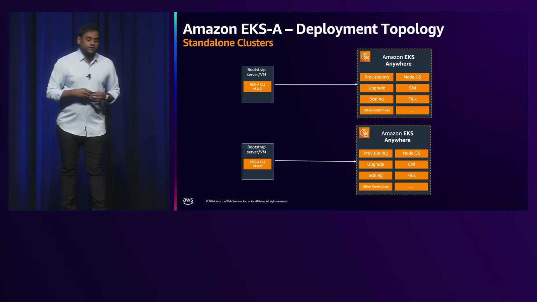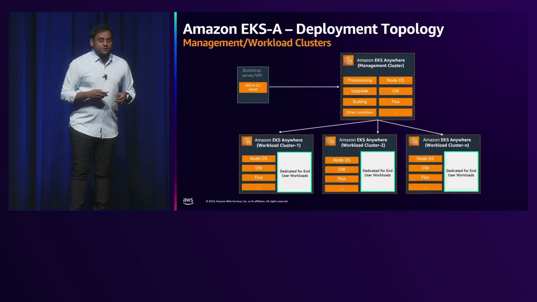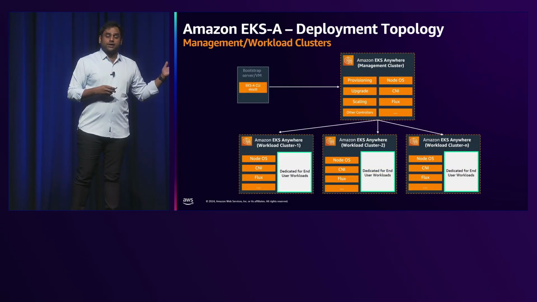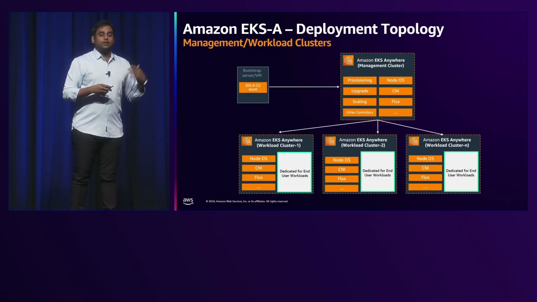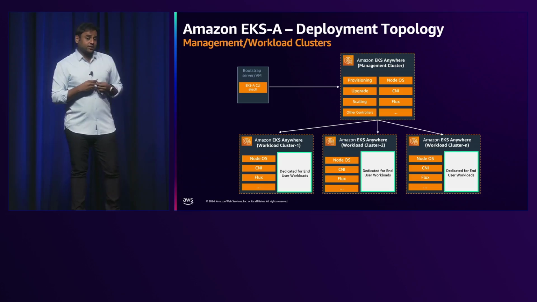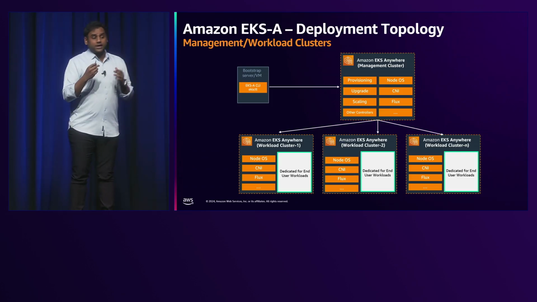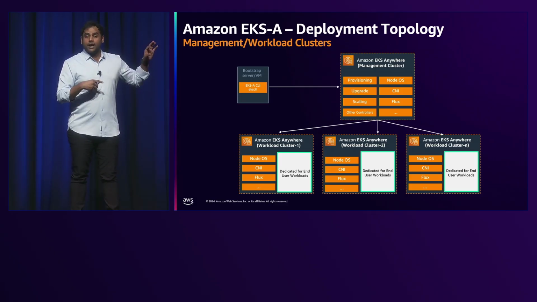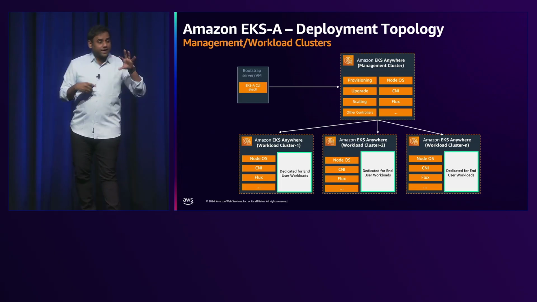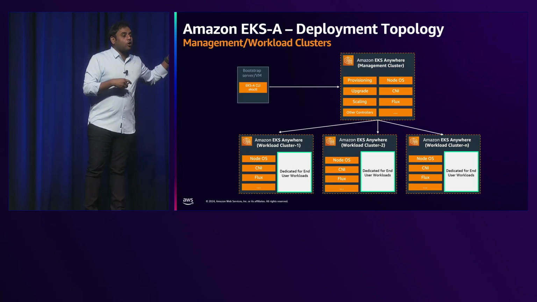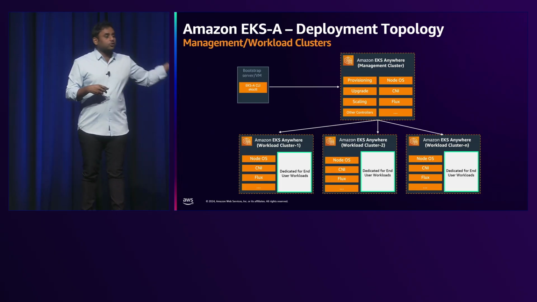The second approach is the management cluster and workload cluster approach, right? What it does is you will have a central management cluster with a full set of controllers that are responsible for creating, updating, and managing the lifecycle of the clusters that are deployed. And using this management cluster as the endpoint, you can create and operate a fleet of workload clusters.